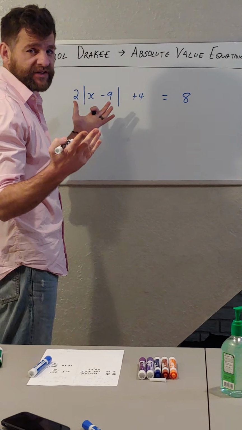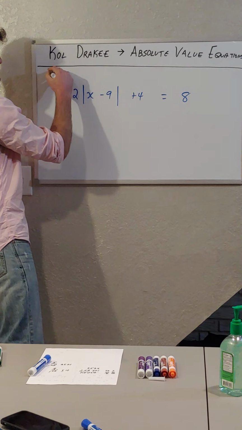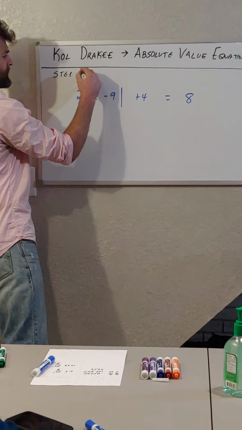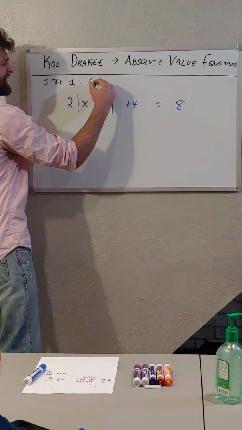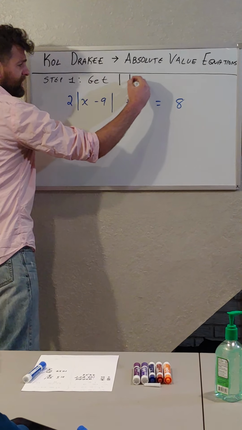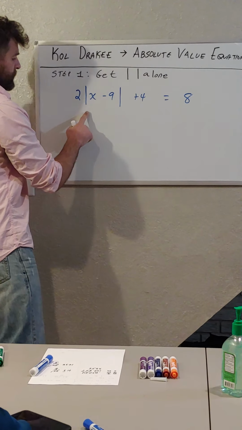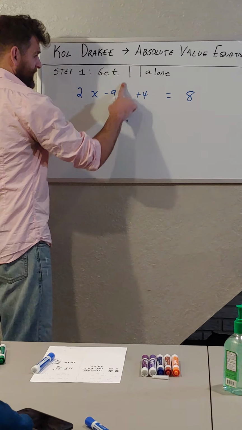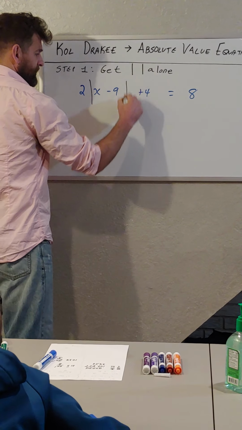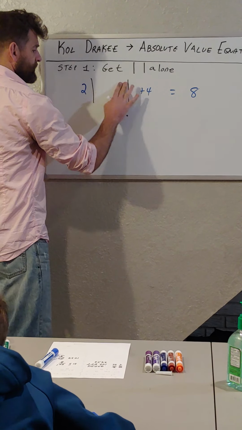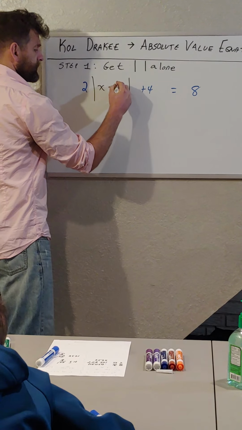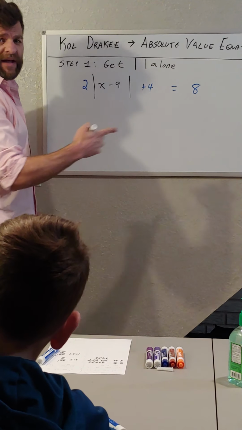Everything else is going to come naturally for you. Step 1, pretty simple step. Just get the absolute value alone. So this absolute value right here, this x minus 9 inside the absolute value, I want to get that all by itself.